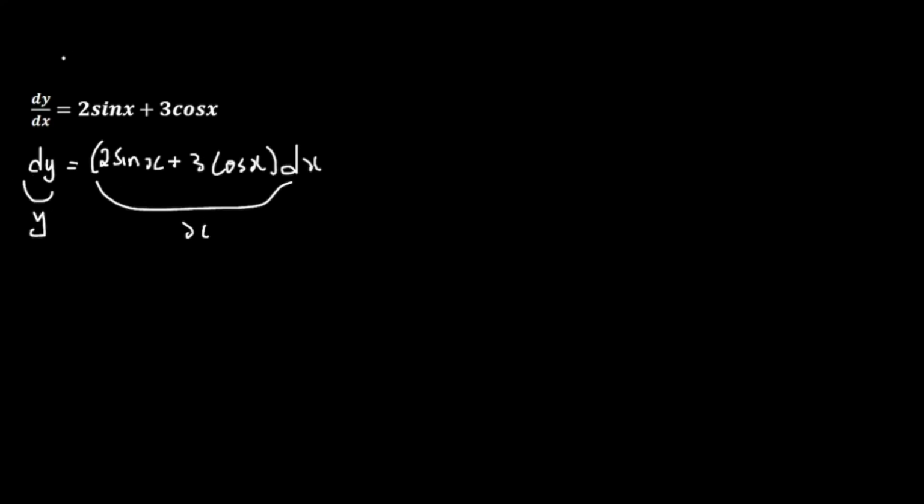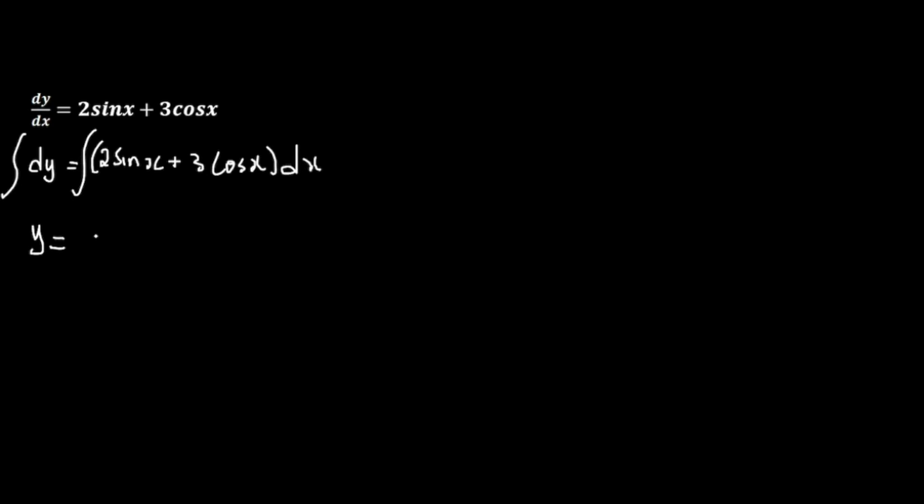Now to solve this, we take our integral sign on both sides. The integral of dy is going to give us y. Now 2 is a constant, so it can be factored out of the integral sign.